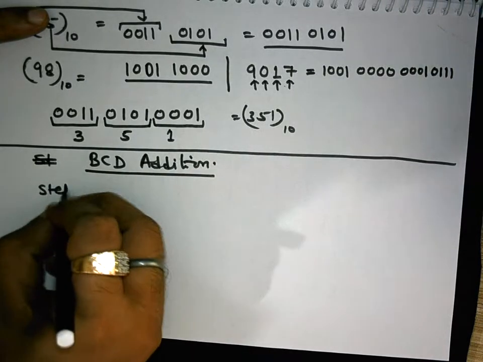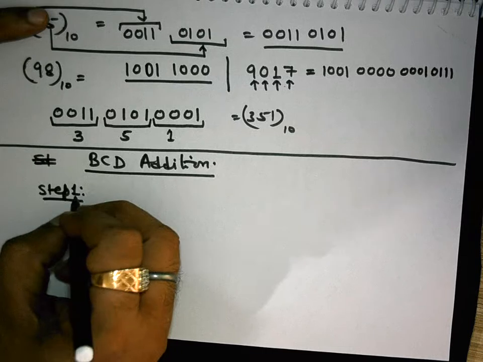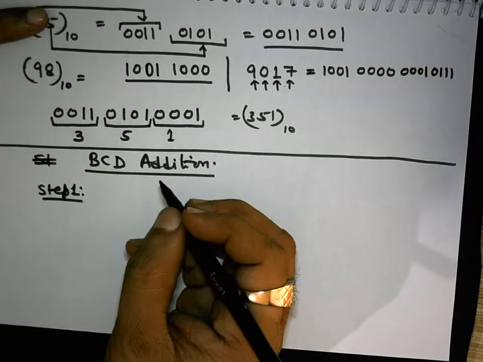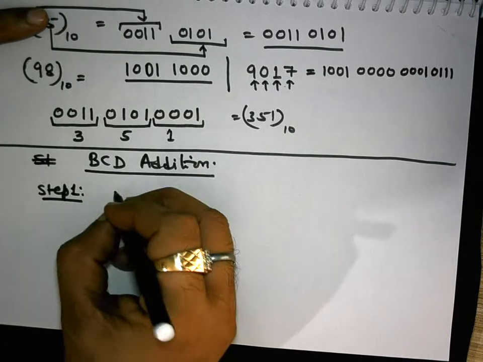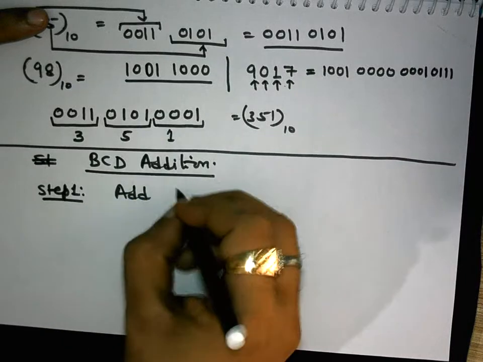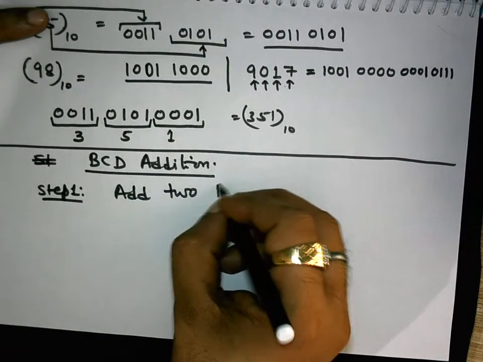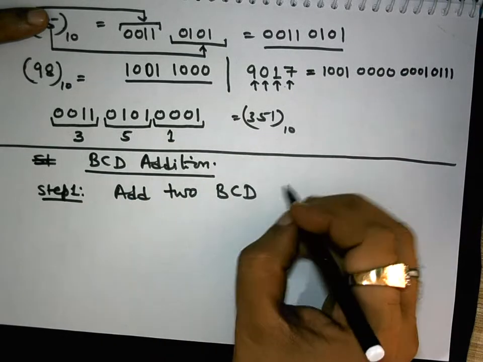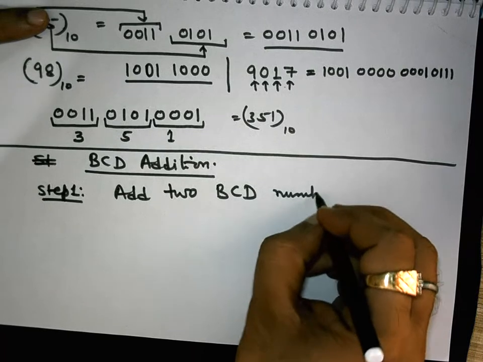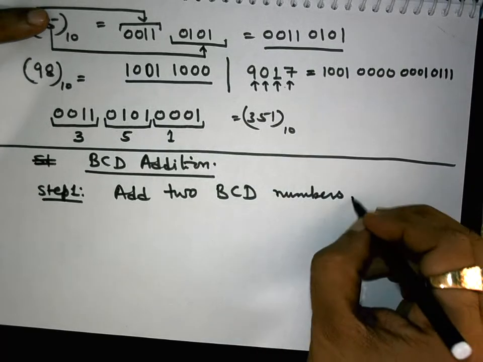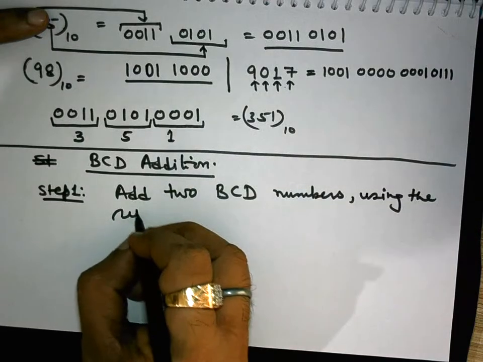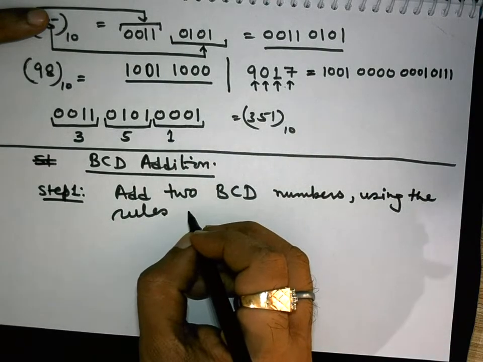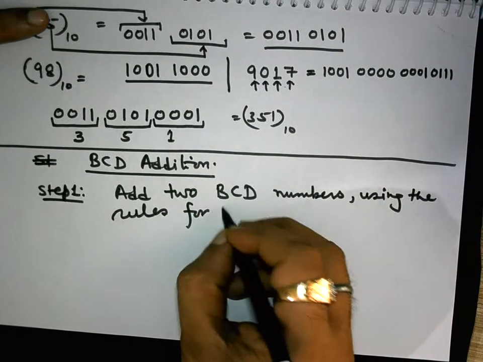In step 1, we add the two BCD numbers using the rules which were used for binary addition.